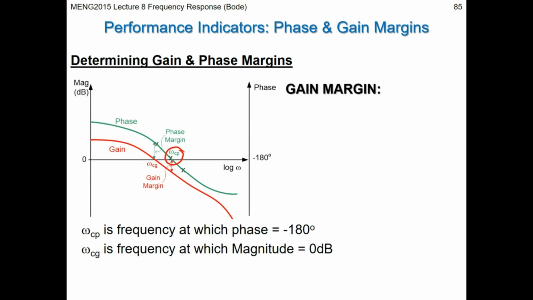Once I've determined the frequency at which this crossover takes place, I measure my gain, or my magnitude, at that same frequency, which I call MC. What's my magnitude, my gain, at that particular frequency?